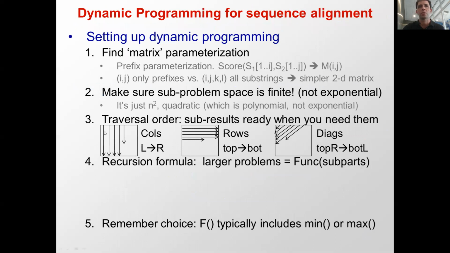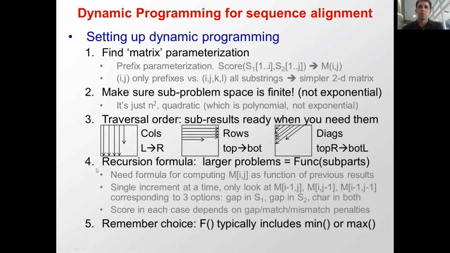Choose a traversal order, and then here it's important to always make sure that the top and left entries are already available, and this can be achieved by computing all the columns, computing all the rows, computing diagonally. So the recursion formula, gosh, it's going to be a little awkward.